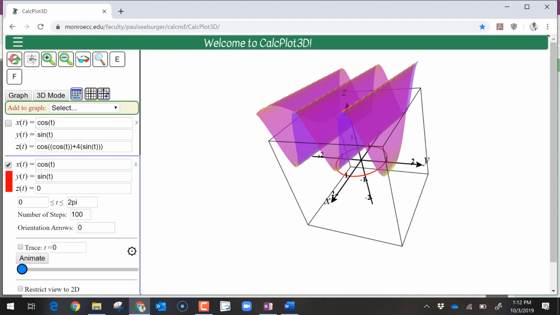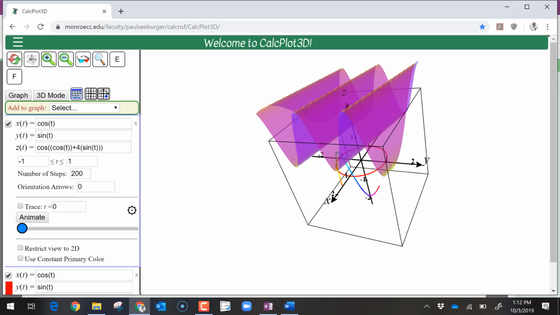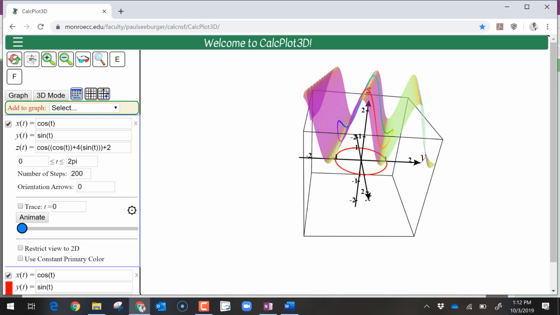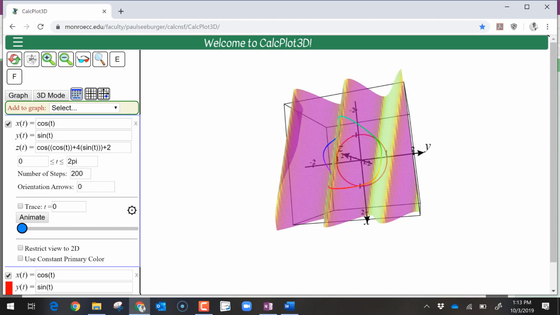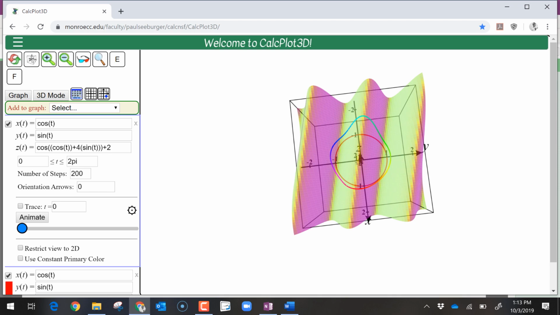All right, so how do you think this is going to look? Oh, plus 2. So 0 to 2 pi. So that is going to look like, from the top, the circle, right? Your x and y are the same.